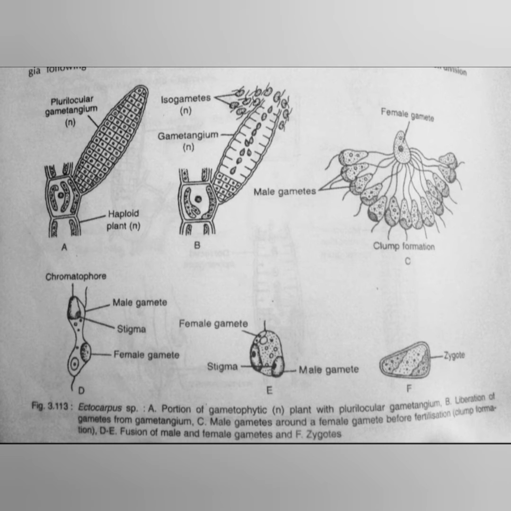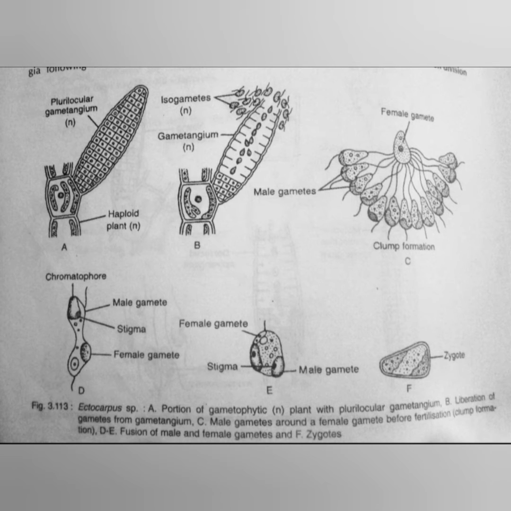The gametes are also liberated from these gametangia in a similar manner, following the same procedure as that of zoospore liberation. You can see in figure B, they are released in the same way as the zoospores. This is the formation of the plurilocular gametangia.